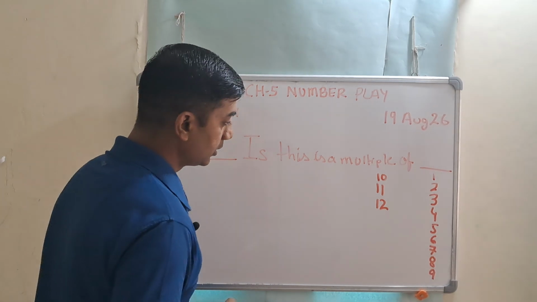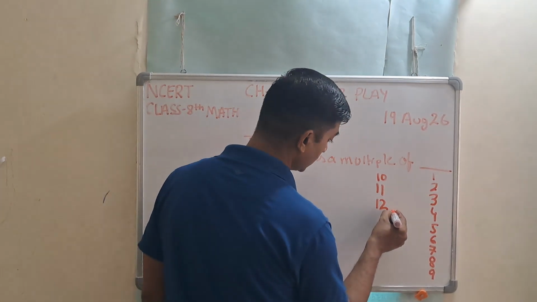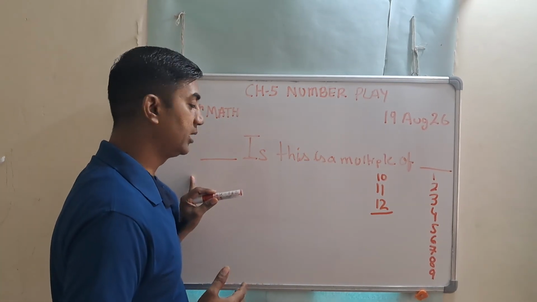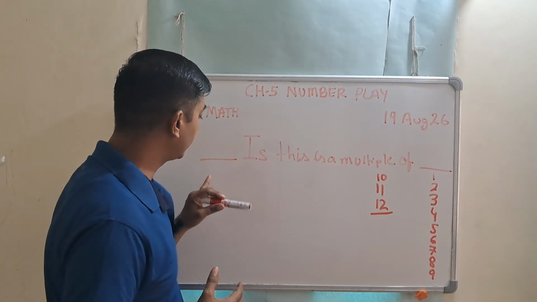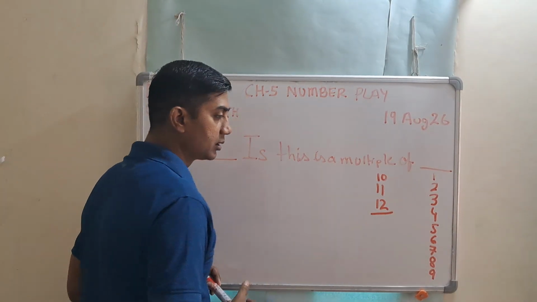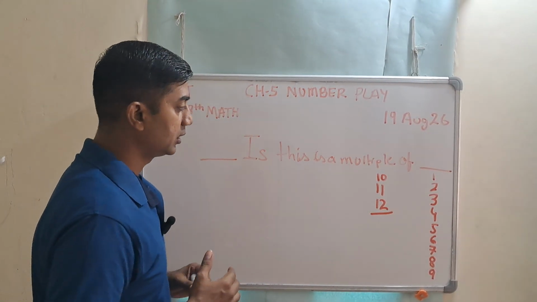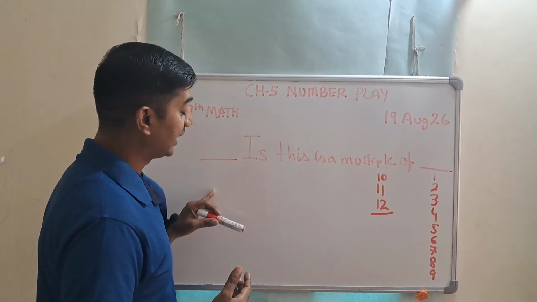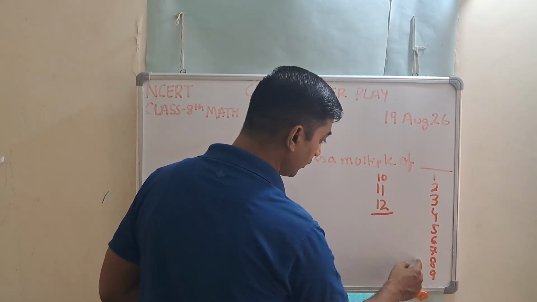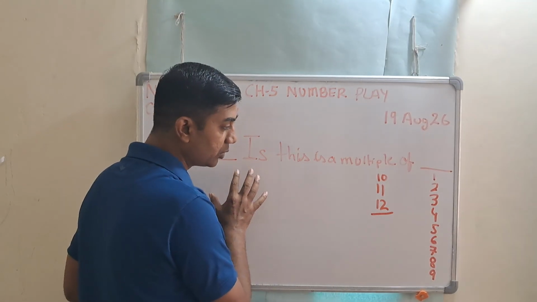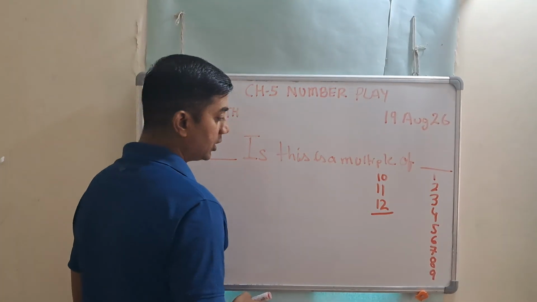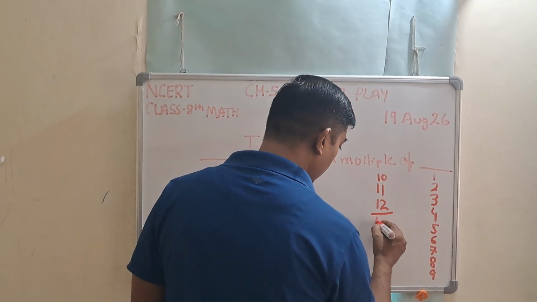If you are able to know up to 12, that is, if any number is given and you can identify just by looking at it that it is a multiple of any of these numbers, you should know how to find that out.